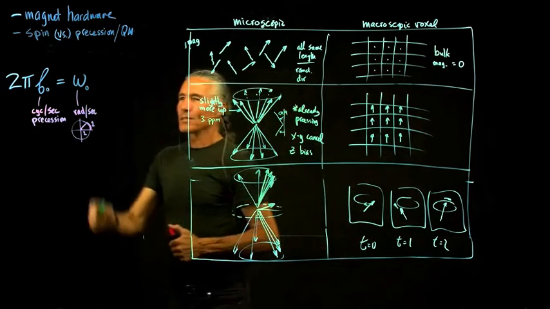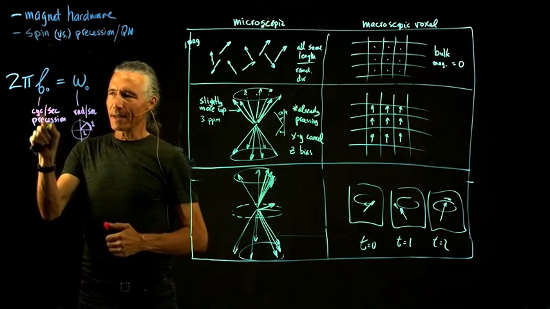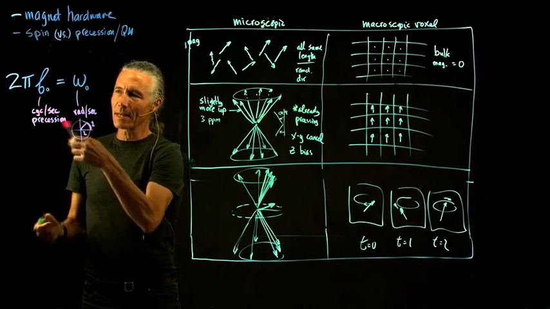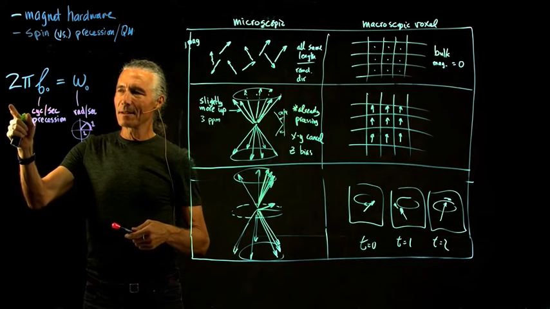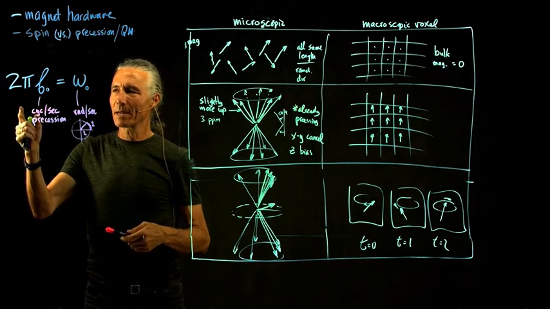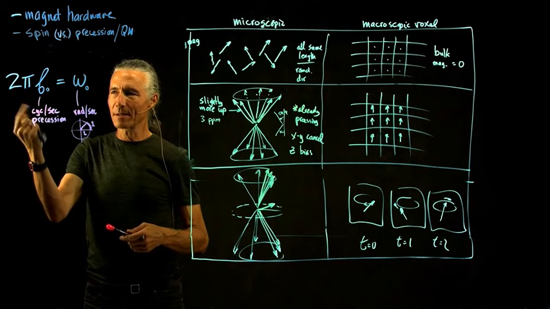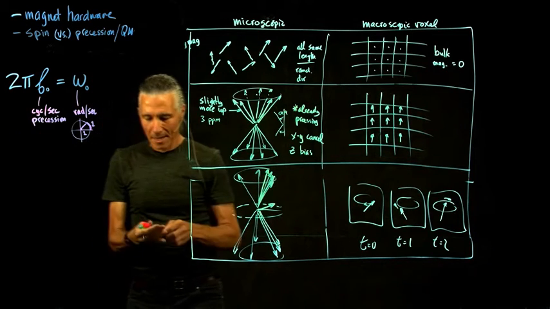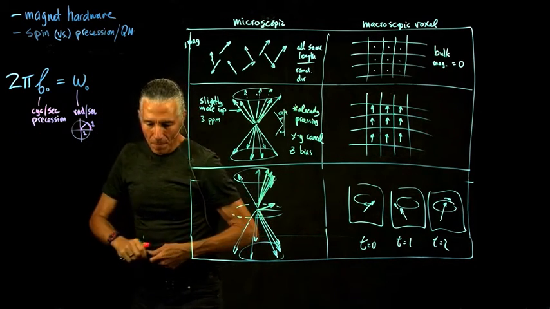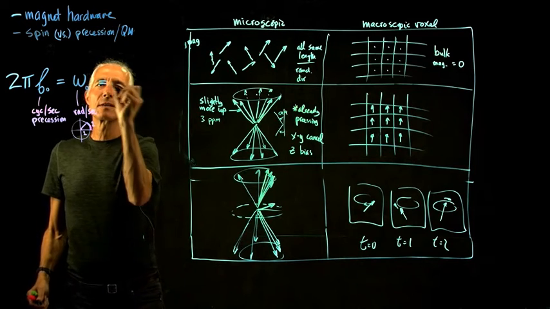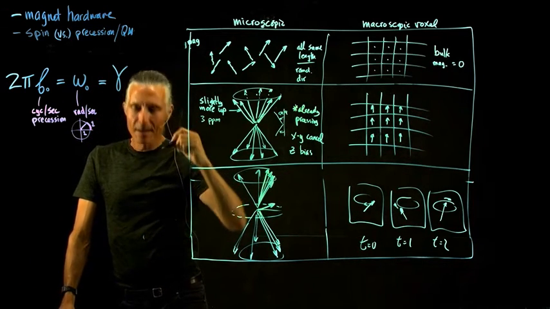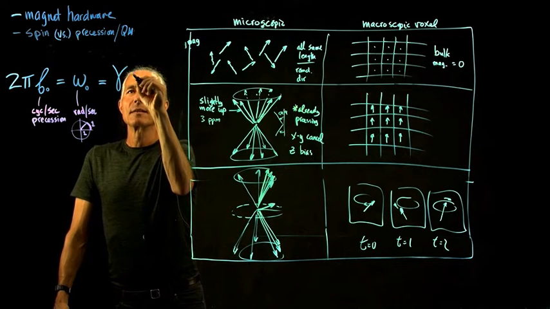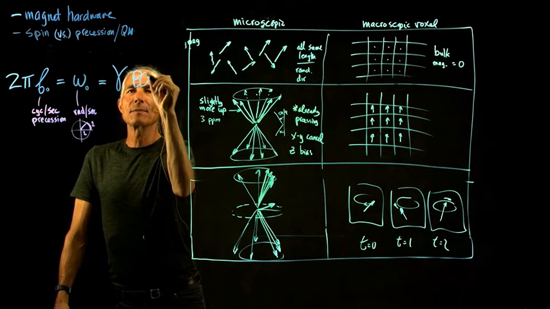Okay, so that's the frequency of precession, cycles per second. At 3 Tesla, or 2.9 Tesla, this is going to be 123 megahertz, so 123 million cycles per second. And so what does that equal to? This is one of the first very simple equations. A constant, gamma, the gyromagnetic ratio, times B, the strength of the B0.